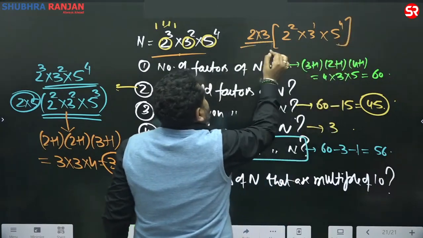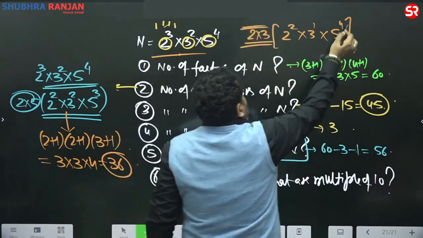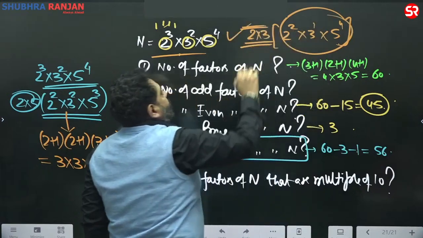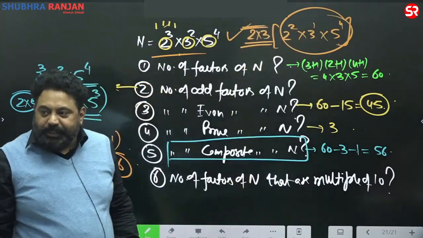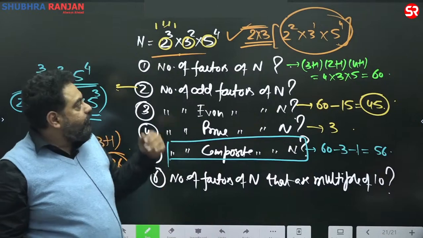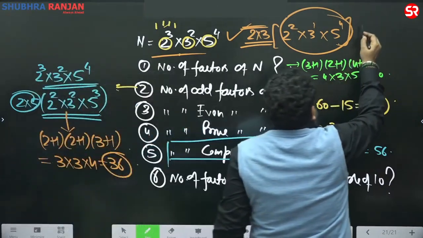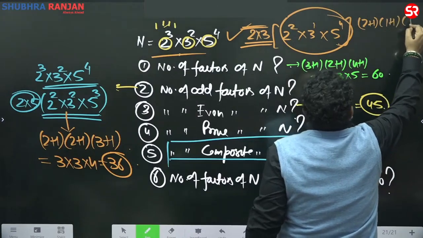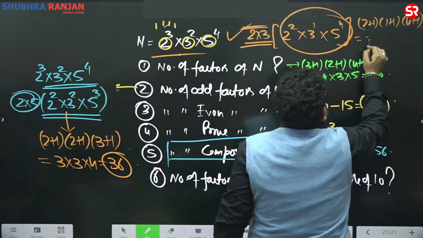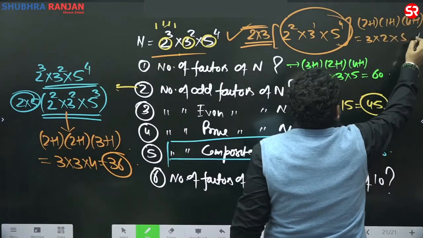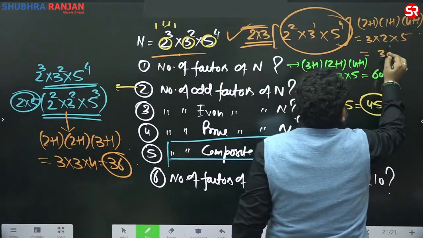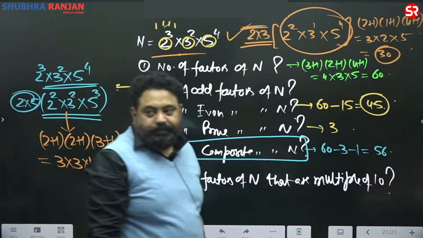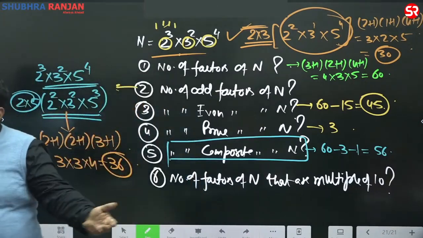Now since you have taken 6 out, any factor of this number would be a multiple of 6. Got it? The same formula: 2 plus 1, 1 plus 1, 4 plus 1, which is 3 into 2 into 5, comes out to be 30. 30 factors are multiples of 6.